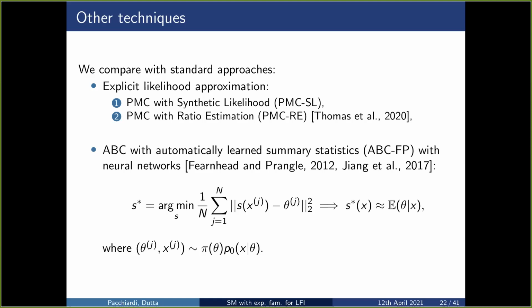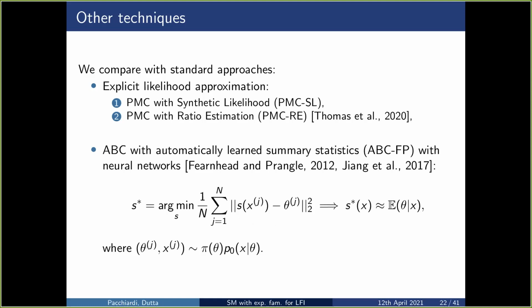Here there are works by Jiang and then later Wiqvist. So basically the idea is that you want to learn a map from the data which goes as close as possible to the posterior mean of the parameter. Basically you do a linear regression, and then this S can be a neural network, which has been extended in Jiang's work and Wiqvist's work.